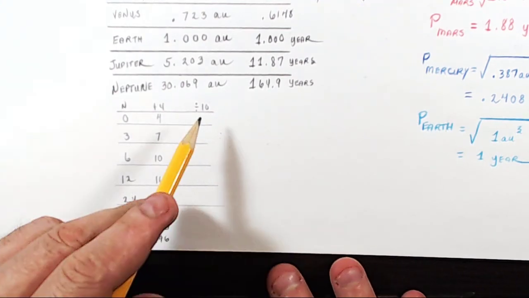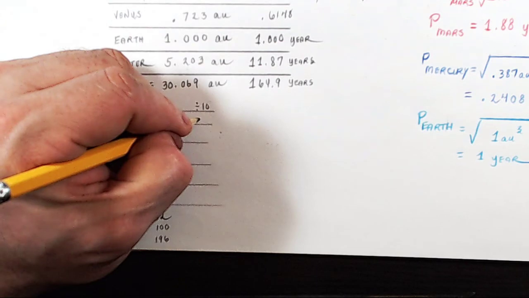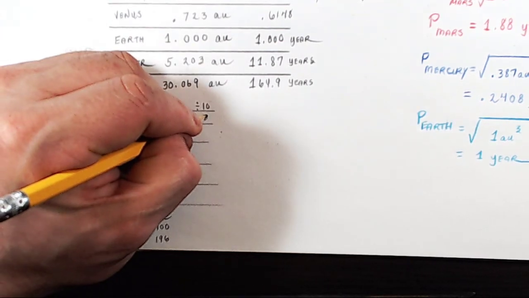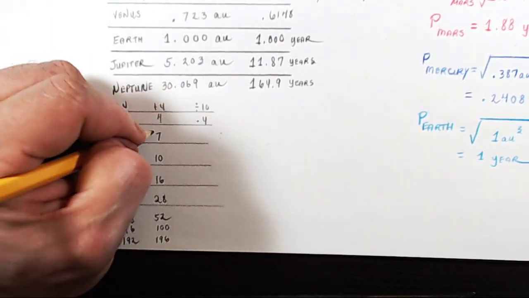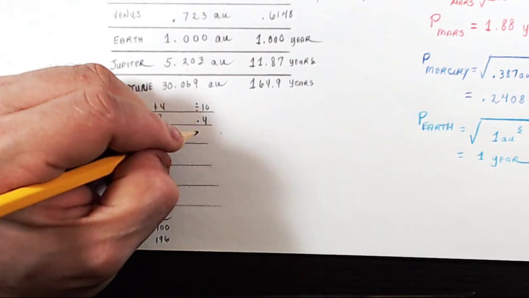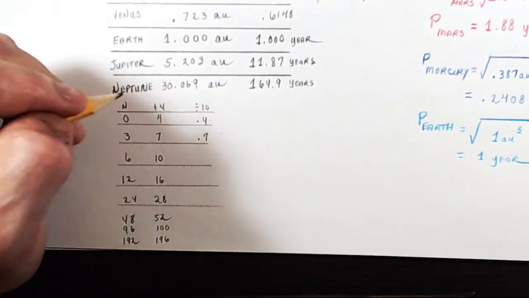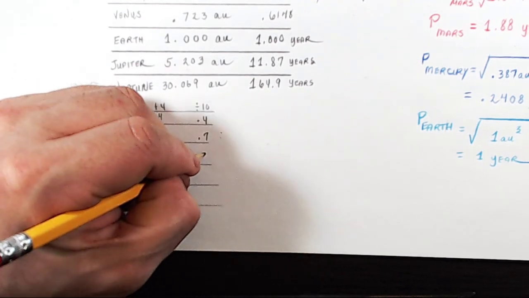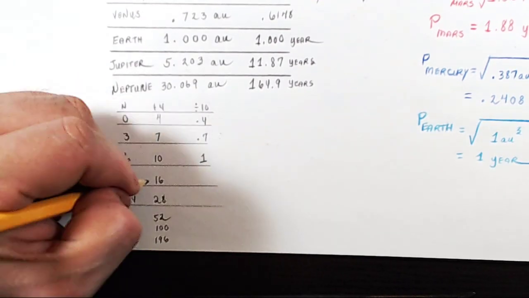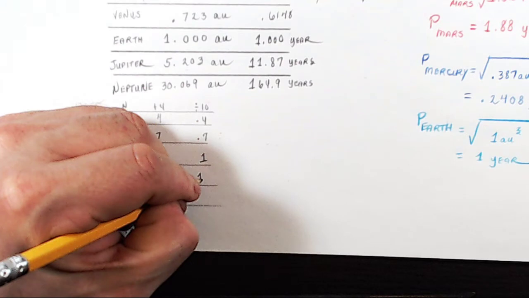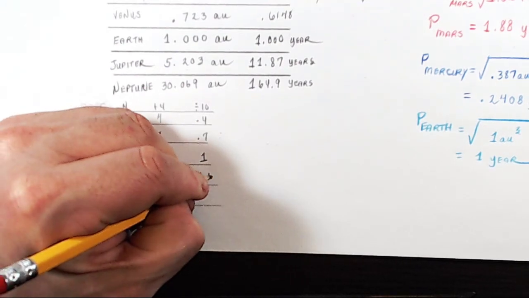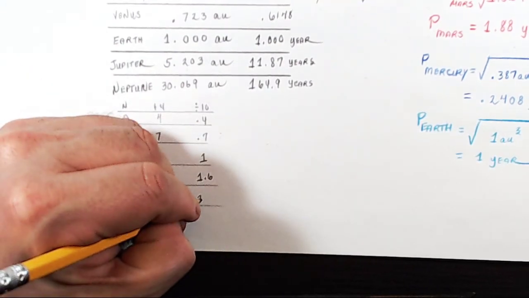All right, now we'll divide by 10. So this is 0.4. Divide by 10, 0.7. Divide by 10, 1. Divide by 10, 1.6. Divide by 10, 2.8.